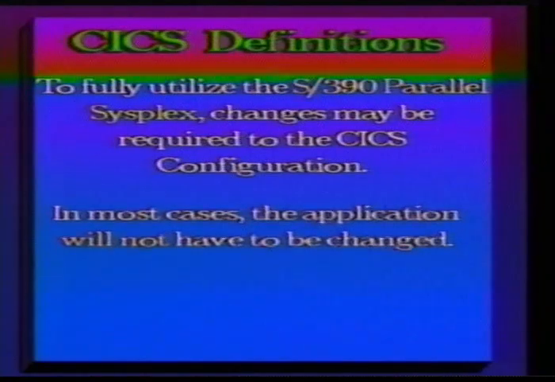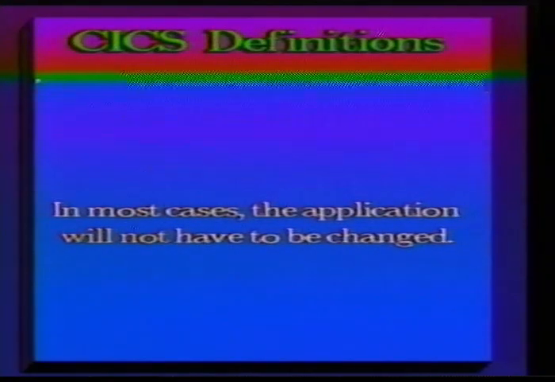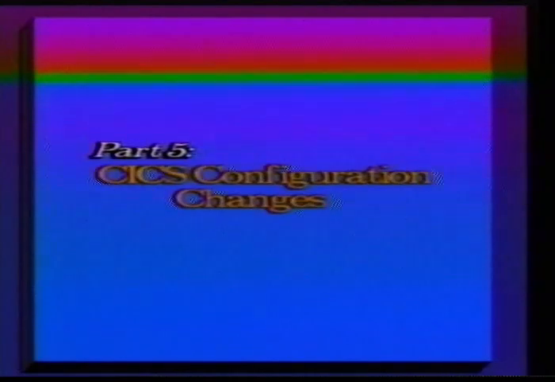Generally, an application's transactions will not have to be changed, just its CICS configuration. This presentation shows the changes that need to be made to an application's CICS configuration to run in the Sysplex environment.